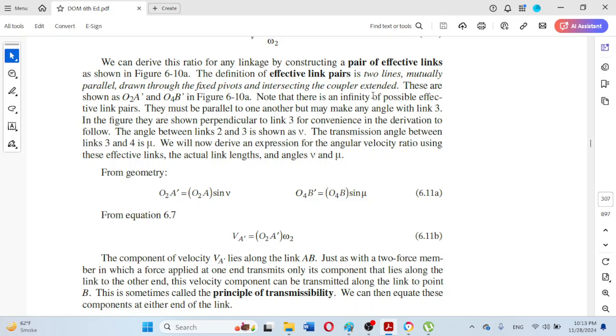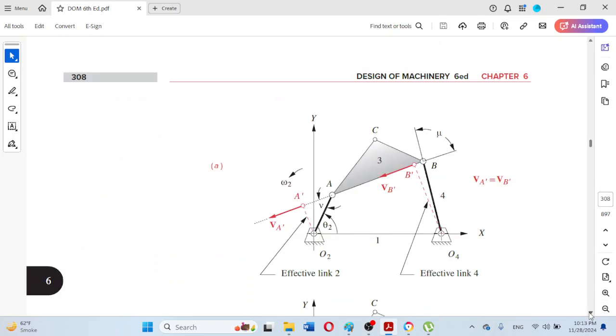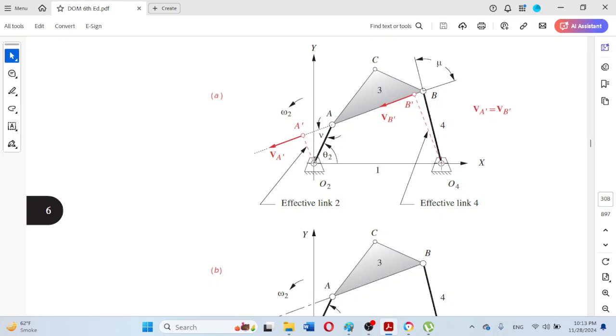Note that there is an infinity of possible effective link pairs, because an infinite number of lines can be drawn through these pivots O2 and O4 independently. An infinite number of lines can pass through the grounded pivot O2, and in a similar manner an infinite number of lines can pass through the grounded pivot O4.